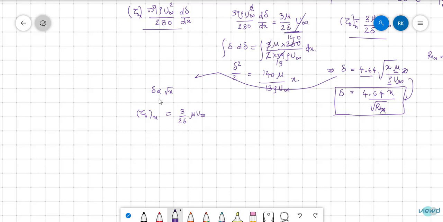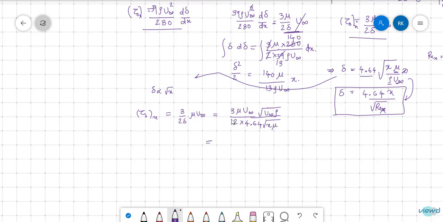Now substituting this delta value here, we will get 3 mu u infinity by 2 into 4.64, where u infinity goes outside, and the remaining is under root of rho u infinity by x into mu.